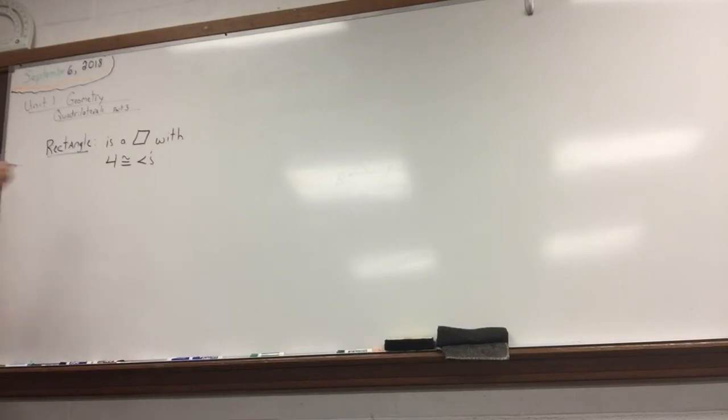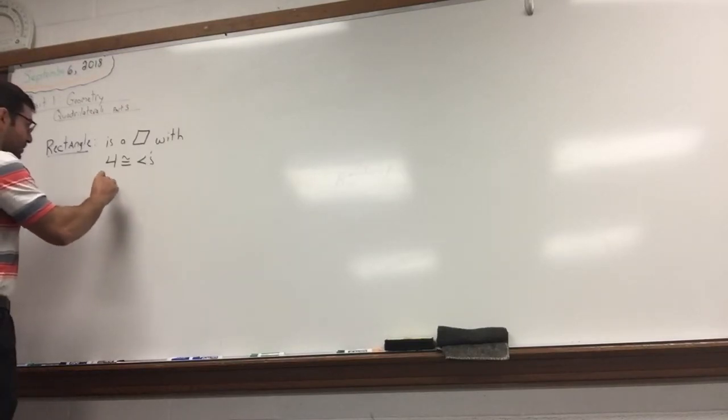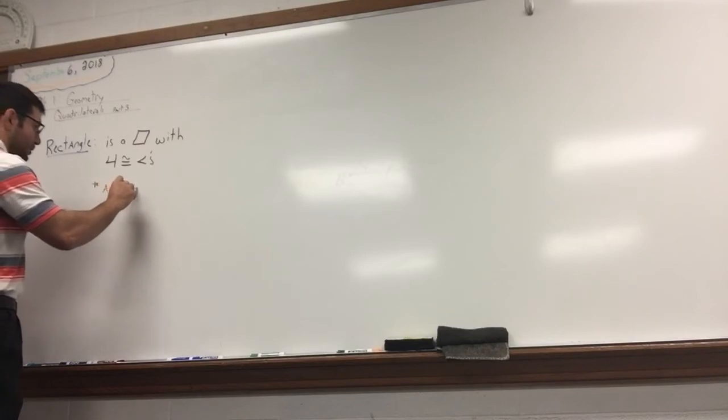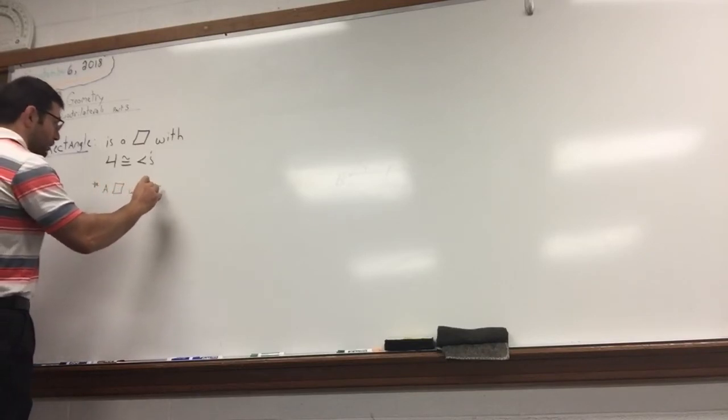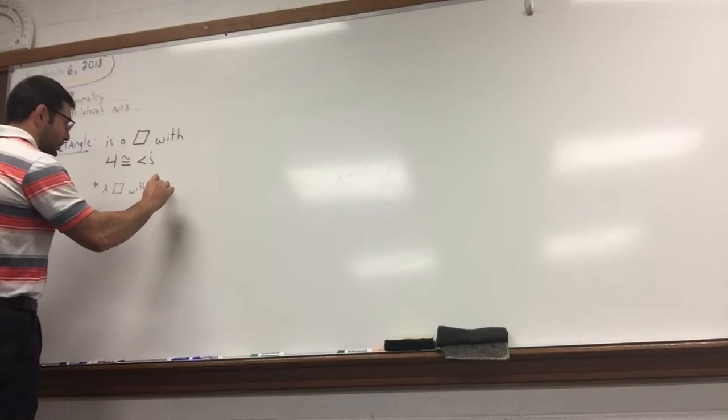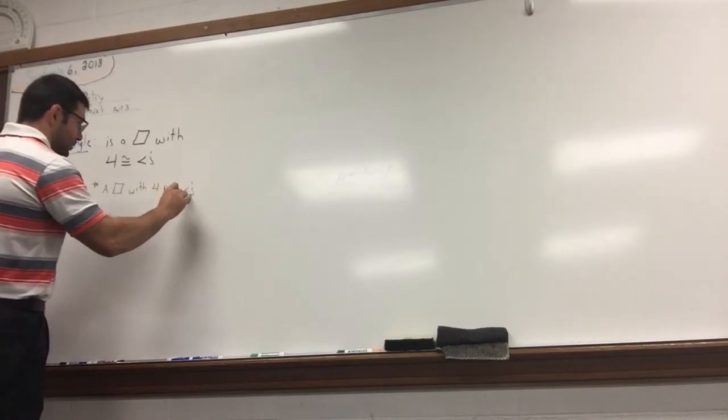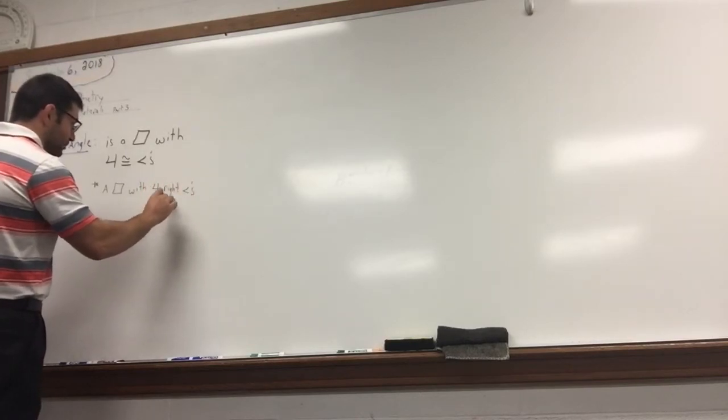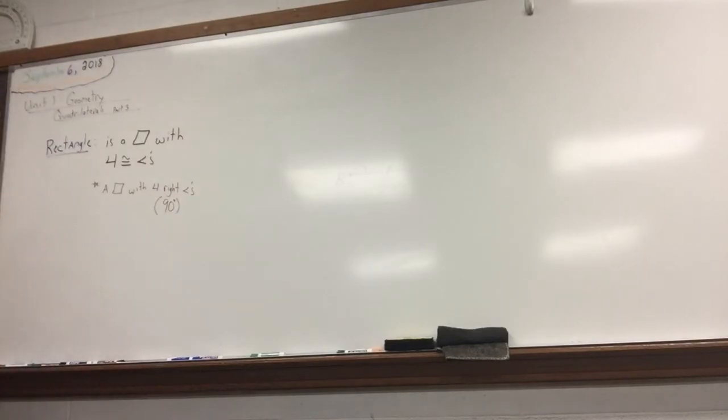And then I'm going to put a little star: a parallelogram with 4 right angles. And we know right angles are 90 degrees. This is pure geometry. This makes sure that we know it has to have 4 right angles, which are 90 degrees.